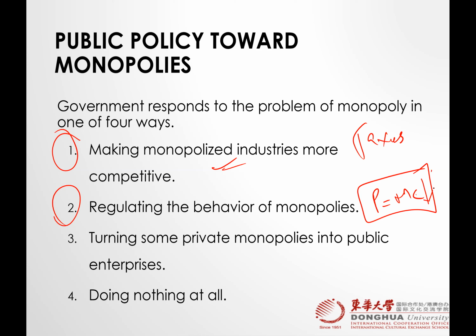But in the eyes of the law, if right now their marginal cost is 8, and the government says that you must charge a price according to your marginal cost of 8, then a new technology comes and you can reduce your cost to 4.